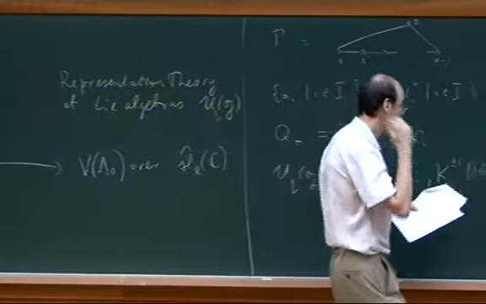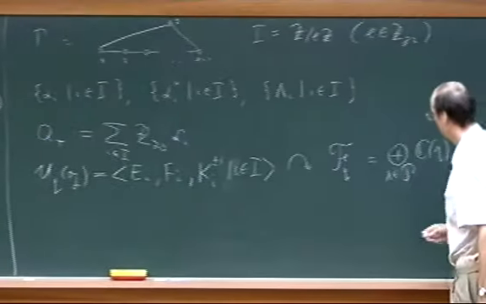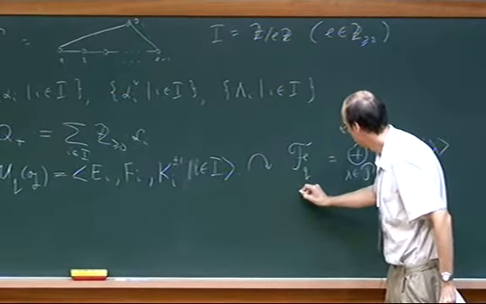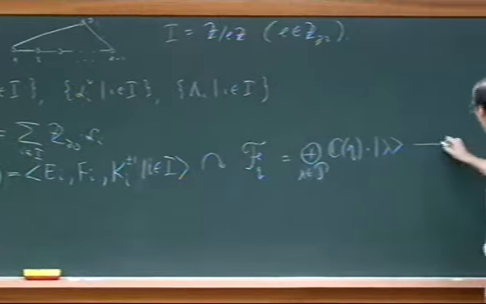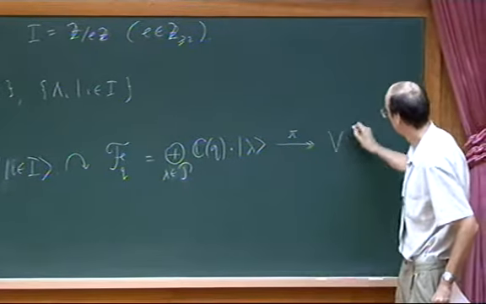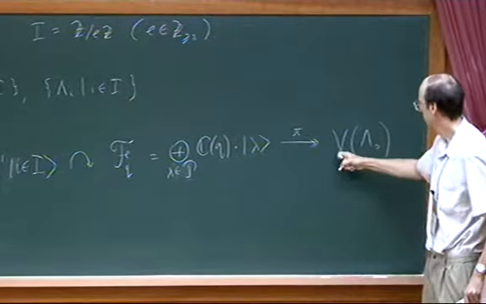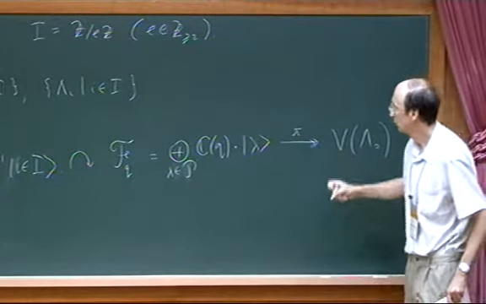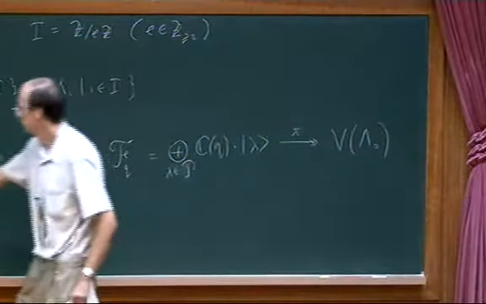And on top of that, there is a natural projection pi, defined essentially uniquely up to scalar, onto V(Lambda_0), the highest weight Lambda_0 irreducible integrable module for this algebra.